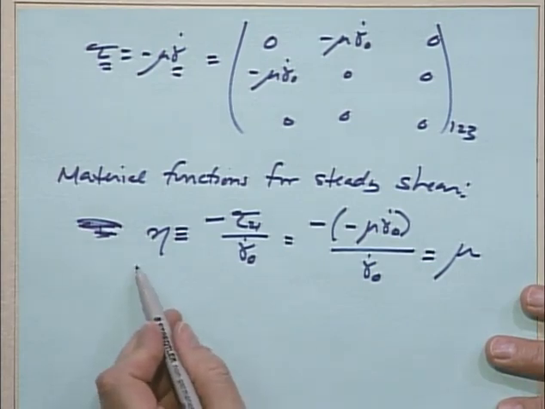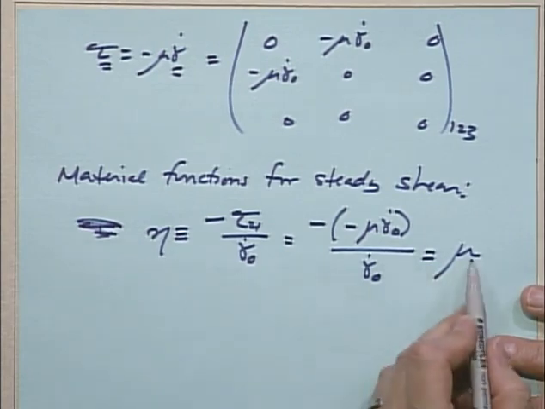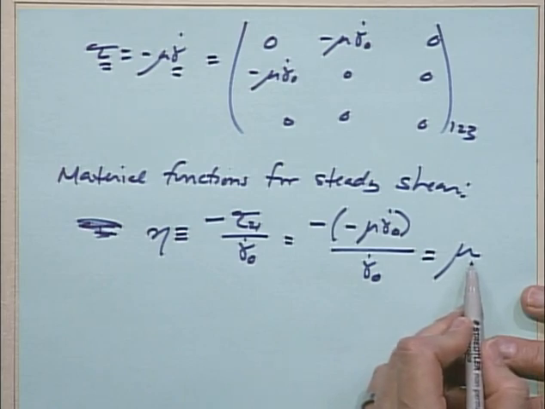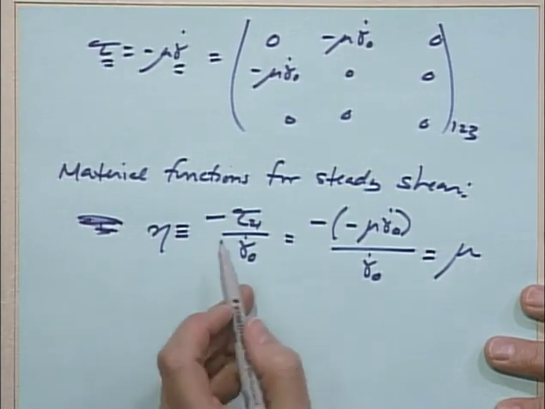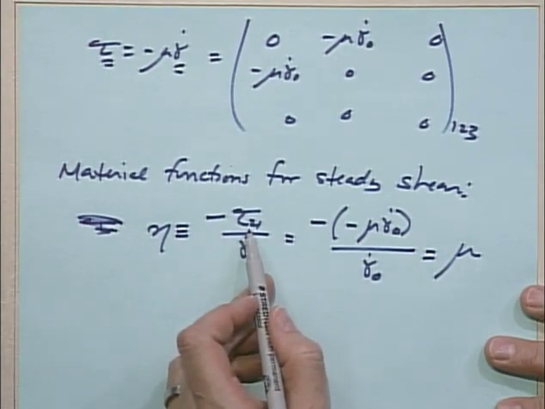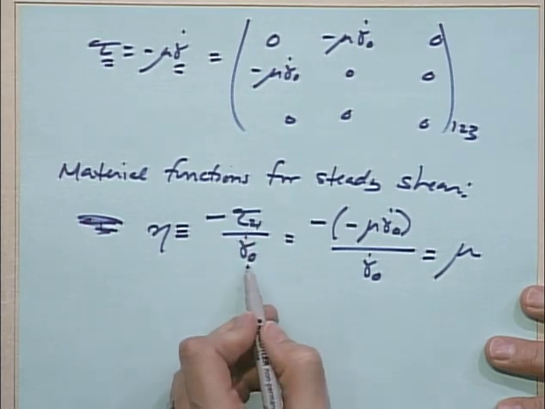So the material function called viscosity is given by this parameter of the model. And that's why we call it the viscosity as well. But the fundamental definition of viscosity is this. It's the shear stress when this particular flow is imposed divided by the shear rate when this particular flow is imposed.